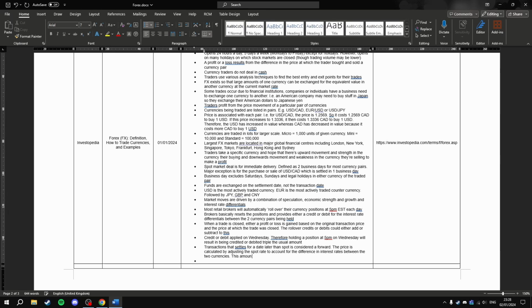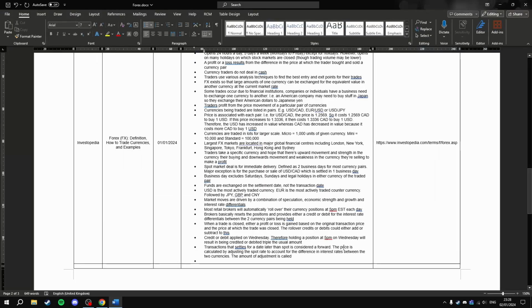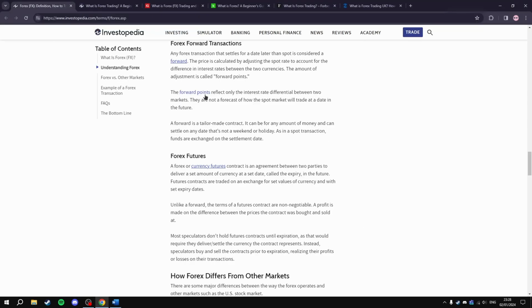This amount of adjustment is called the spot rate, isn't it? No, forward points. The forward points reflect only the interest rate differential between the two markets.